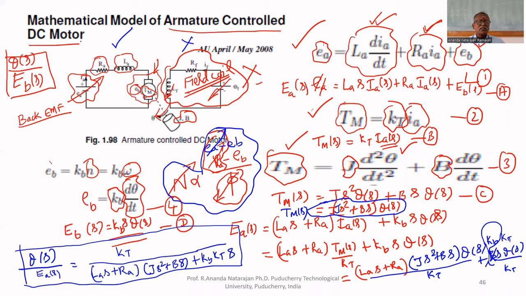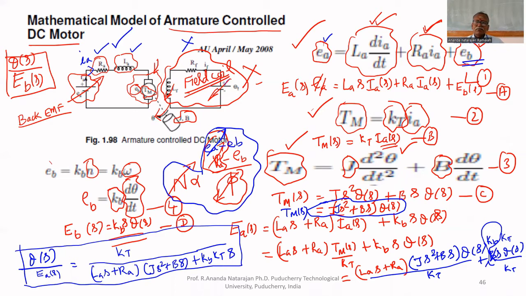The first equation: it has armature resistance, inductance, and back EMF. So the first equation is EA, the applied voltage, equal to LA dIA by dt, because current through the inductor is IA, the armature current, plus RA IA plus back EMF EB.